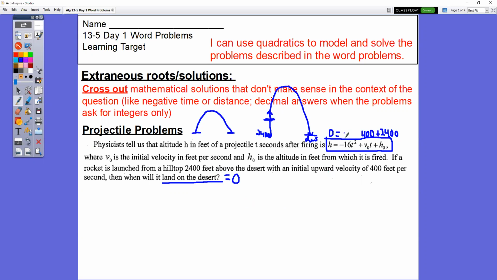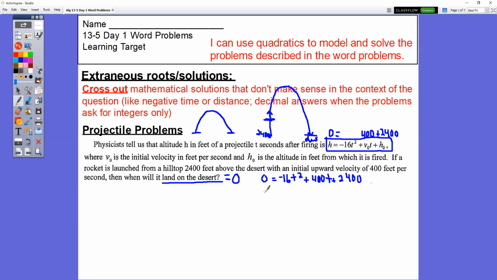So this is our equation right here, negative 16. We're going to have 0 equals negative 16t squared plus 400t, because that's our initial velocity, plus our initial height, which was 2,400. So all that you're going to do is use the quadratic formula. Now, again, you could factor it using parentheses, but with this negative 16 out in front, I would not suggest doing it that way.